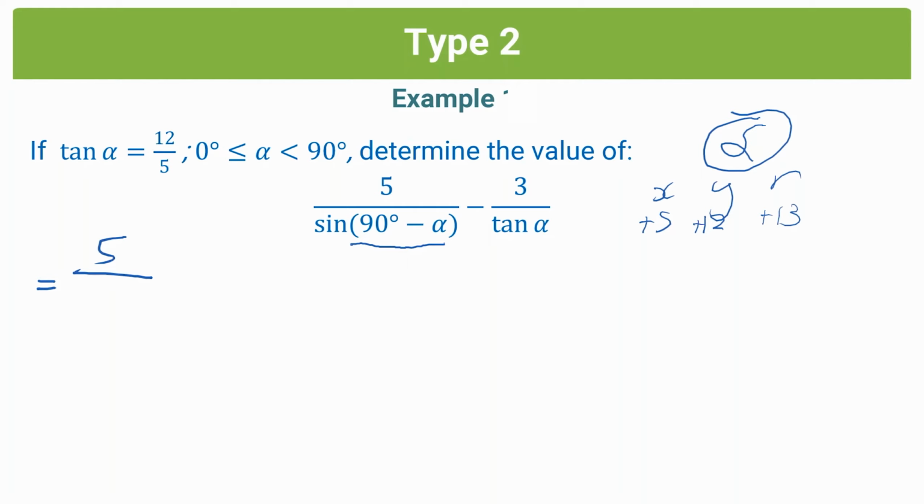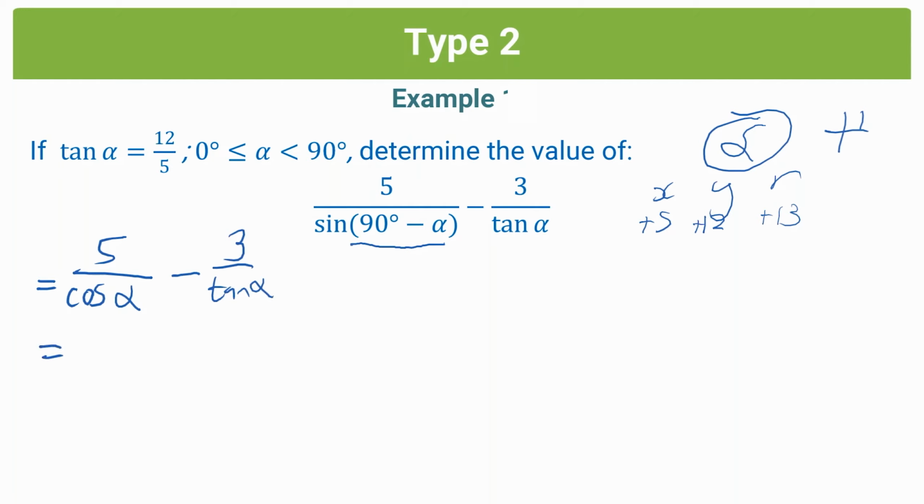So that's going to turn from sine into cos alpha. And because sine of 90 minus alpha was in the first quadrant, cos alpha is going to be positive because sine of 90 minus alpha was positive. And that's going to be minus 3 over tan alpha.